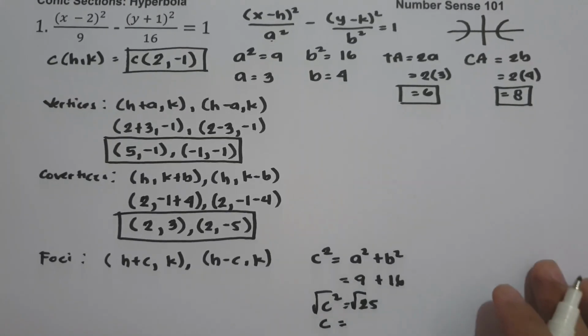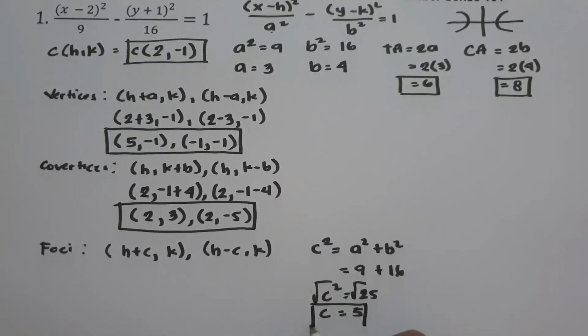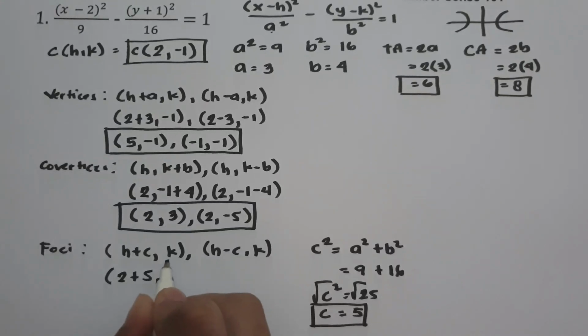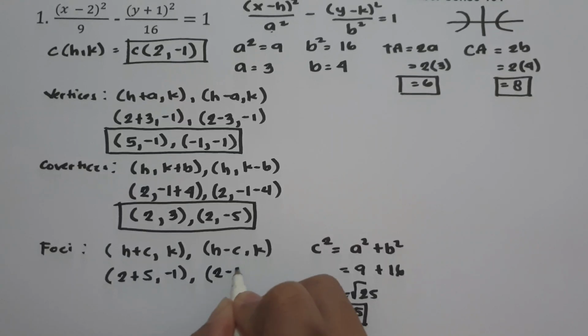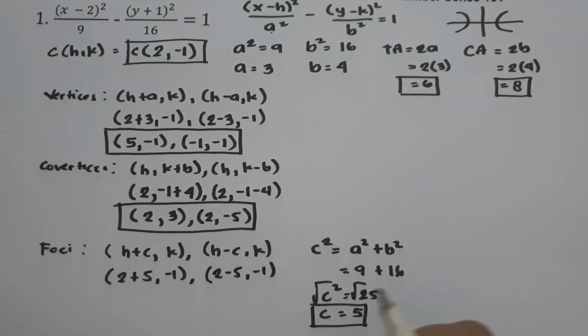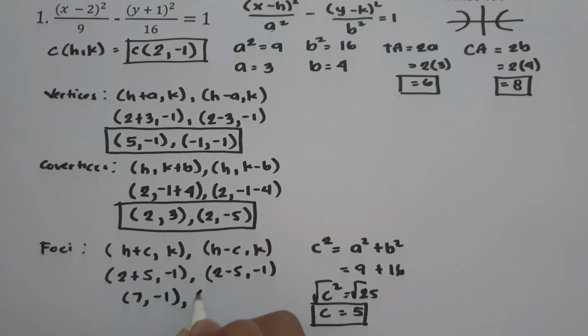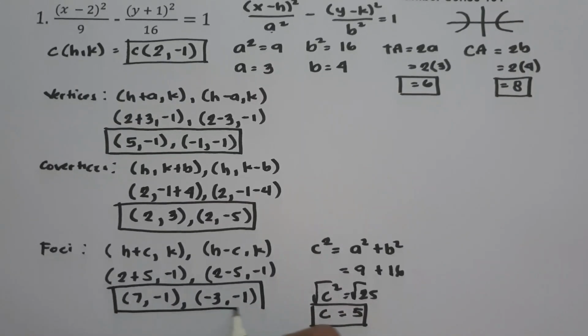So c is the square root of 25, and that is 5. So this will be the value of our c. Let us have the value of h, that is 2, plus c, that is 5, and then k, that is negative 1. On the other side, we have 2 minus 5 and negative 1. 2 plus 5 is 7, and then we have negative 1. On the other side, 2 minus 5 is negative 3 and negative 1. So these will be the coordinates of our foci.